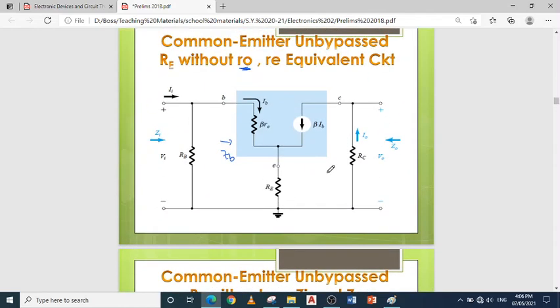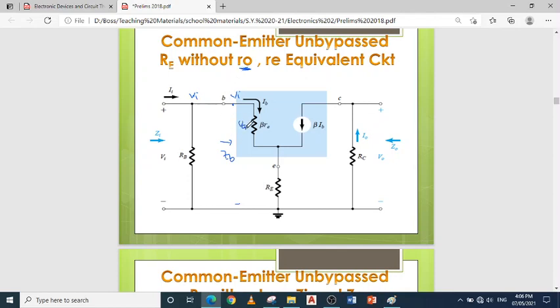Since this is parallel, RB is in parallel with the series combination of beta RE plus RE. If this is VI, then definitely this is also VI, measured up to ground.